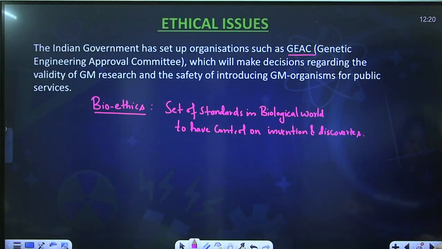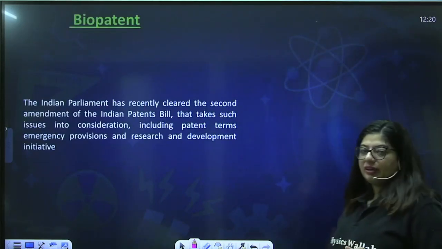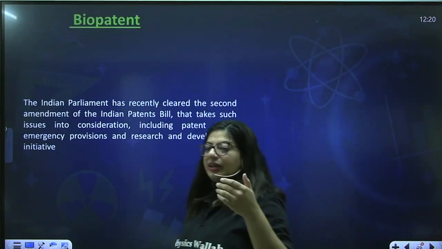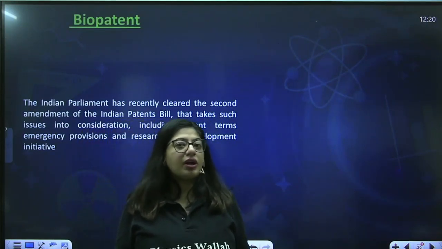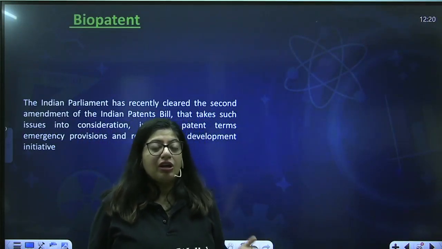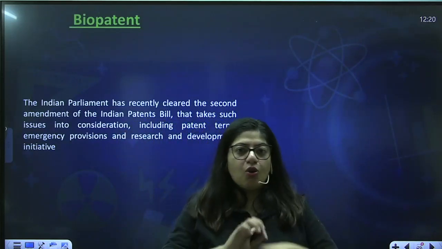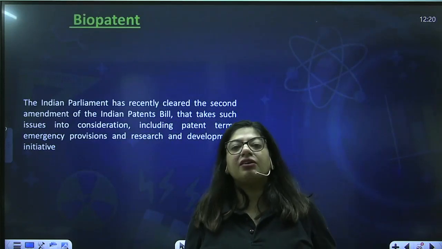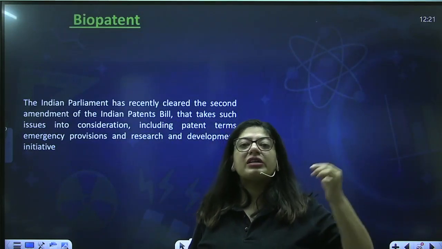And next we have the biopatent. Now what is a biopatent? After you have made any invention, you can have certain rights over that invention, so that no one else can claim it. For example, I produce a particular drug for a particular disease, and no one has ever produced any drug for that disease. So this is a novel thing. Novel means a new thing.